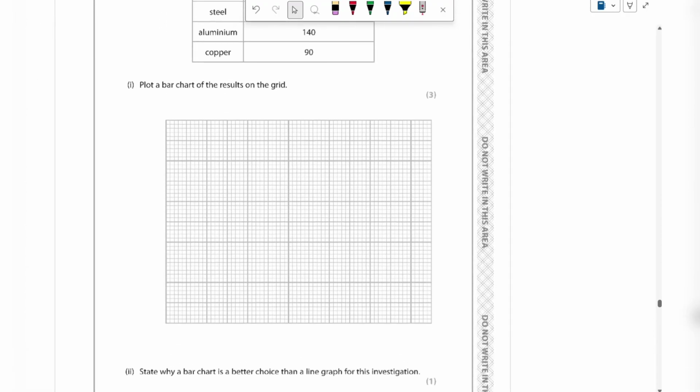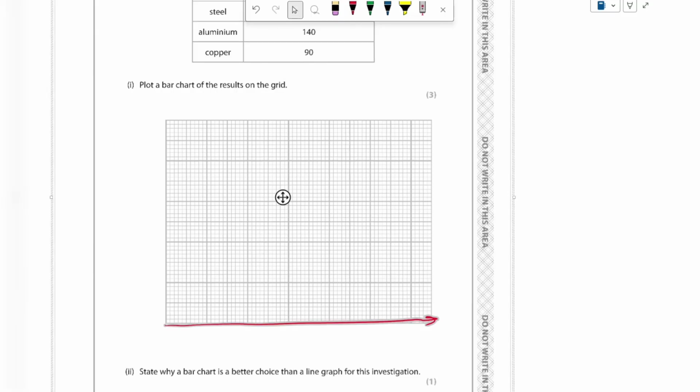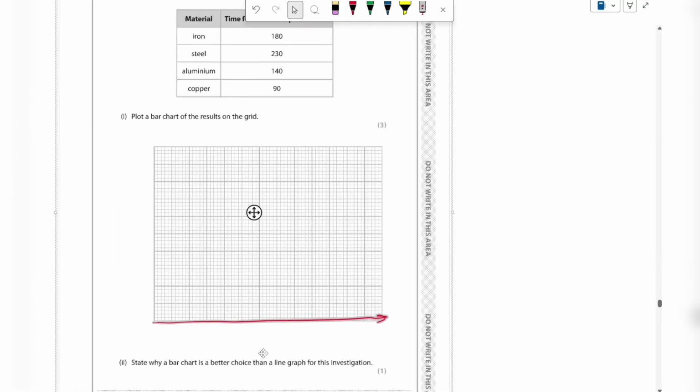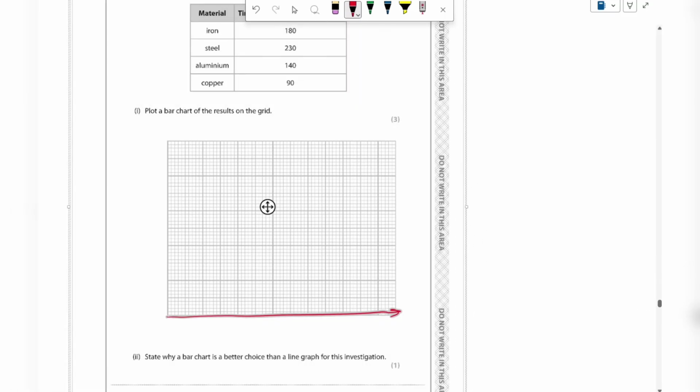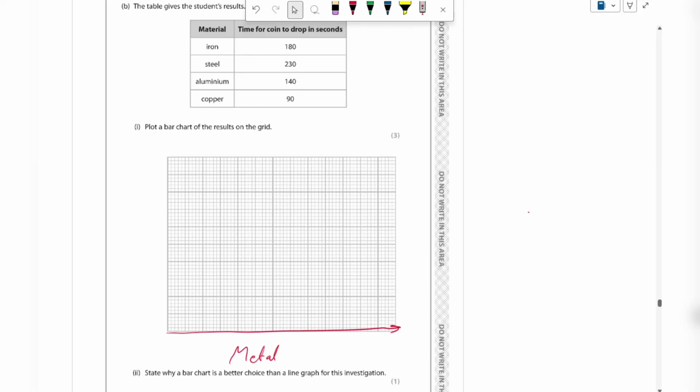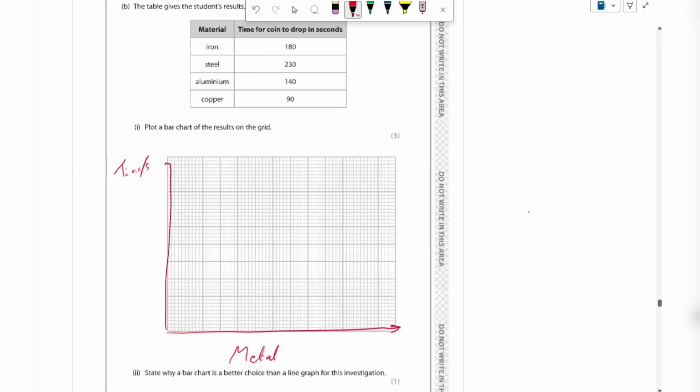Okay, here we go. Bar charts. So what have we got? Metal. Time, in seconds. There should always be a nice scale here: 50, 100, 150, 200, 250.